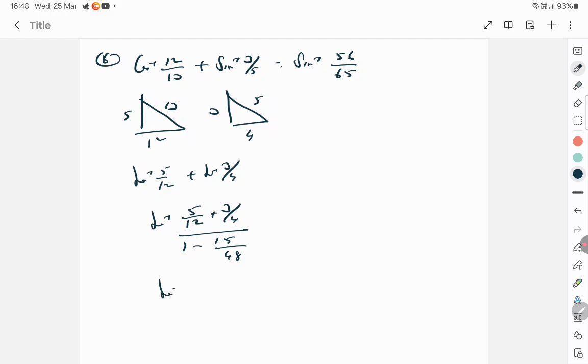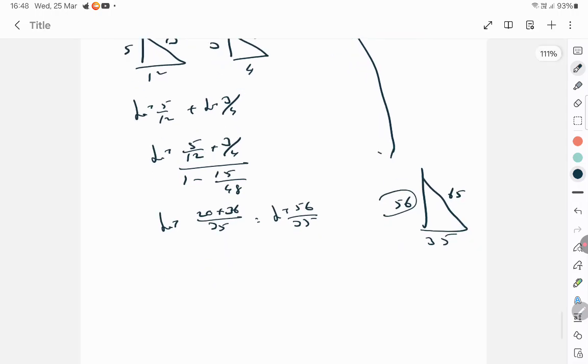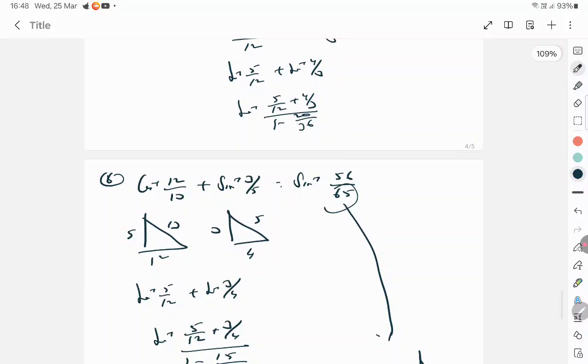You solve this, you get the answer in terms of tan inverse. 48 will be the LCM. 5 4s are 20, 12 4s are 40, 12 3s are 36. 48 minus 15 is 35. So you get tan inverse of 56 by 35. But your answer is in terms of sin inverse. Just don't hesitate, just draw a triangle: opposite 56, adjacent 35. You write the hypotenuse as 65 directly. You have a 56 already. Cool, sin inverse of 56 by 65 is your answer.